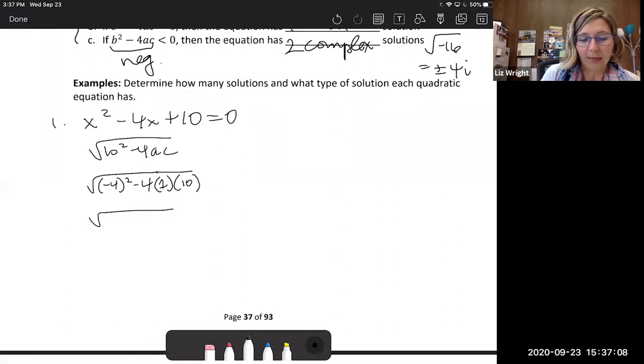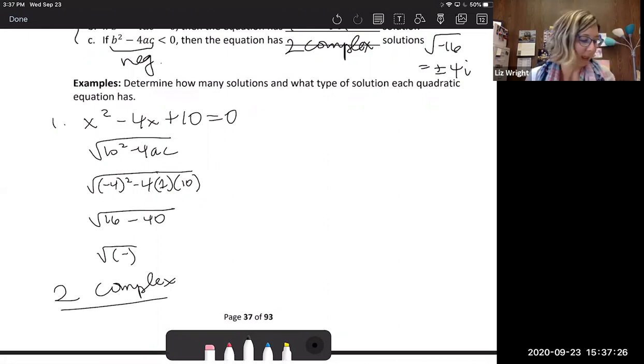And then we're going to get 16 minus 40. And I'm going to tell you right now that already means we're getting a negative underneath the radical. What does it mean when we get a negative underneath the radical? How many solutions and what type? We're getting two complex solutions, right? And if you wanted to finish that out, you could say that's going to be the square root of negative 24, which also gets you to that point.